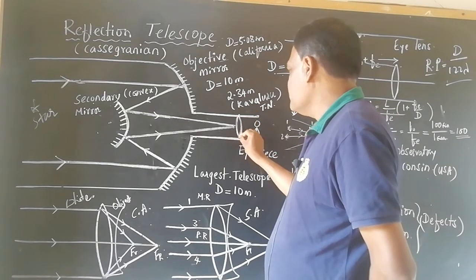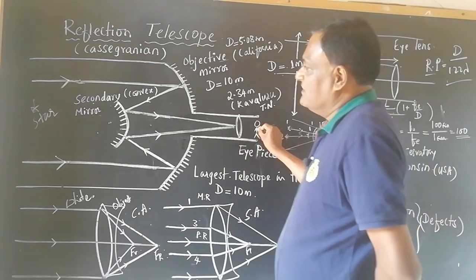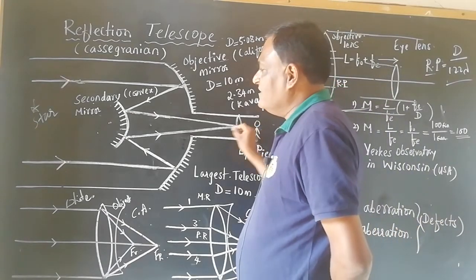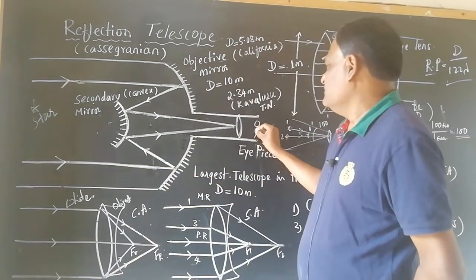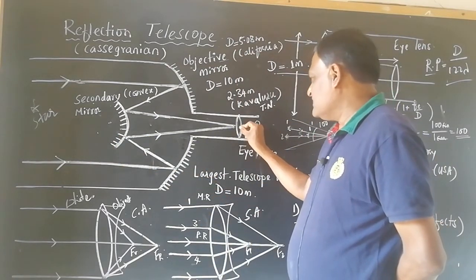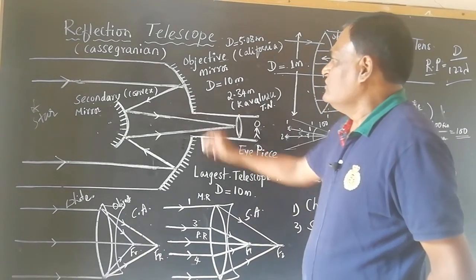Here an eyepiece is provided. The experimenter, the observer, views the final image of the distant star or the celestial body standing just beneath the eyepiece.